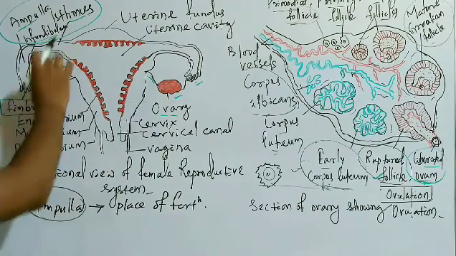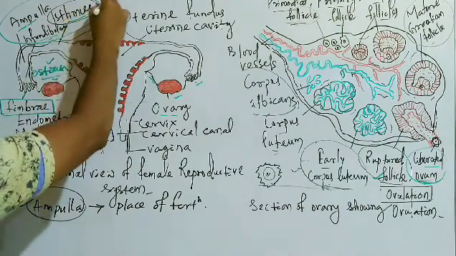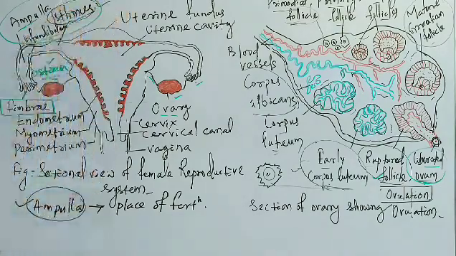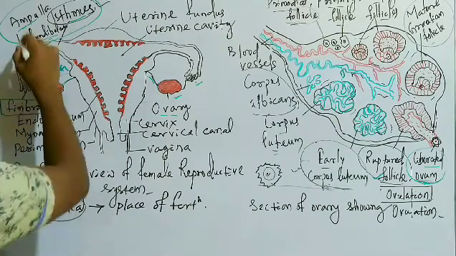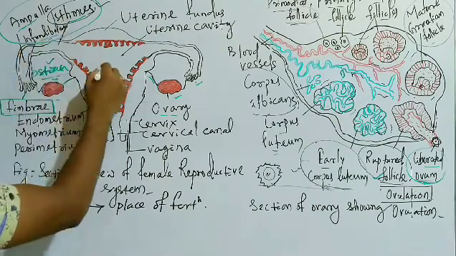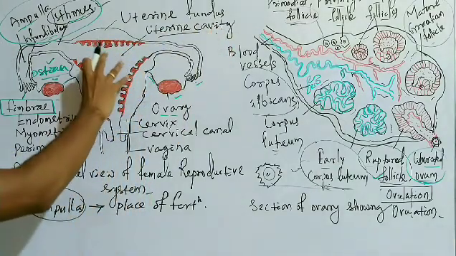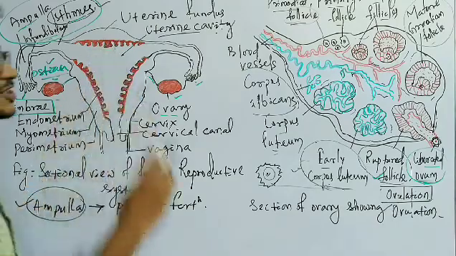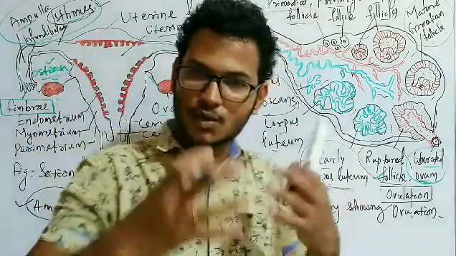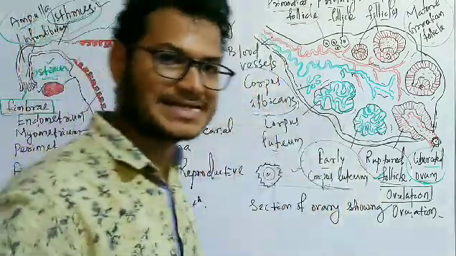The next part is the slender, narrow structure which we call the isthmus, the third part. It joins the ampulla, the second part, with the uterus. This is the uterine cavity, the uterus, where the zygote undergoes different developmental stages.